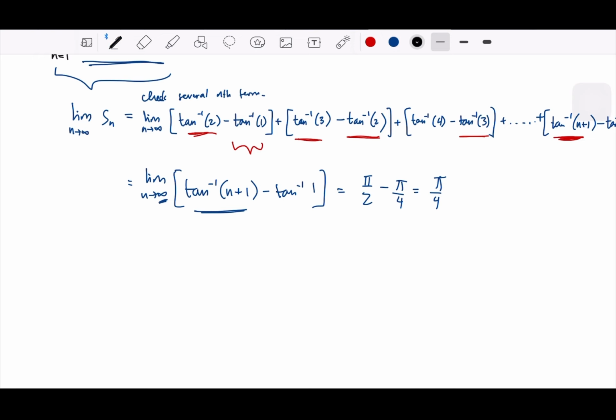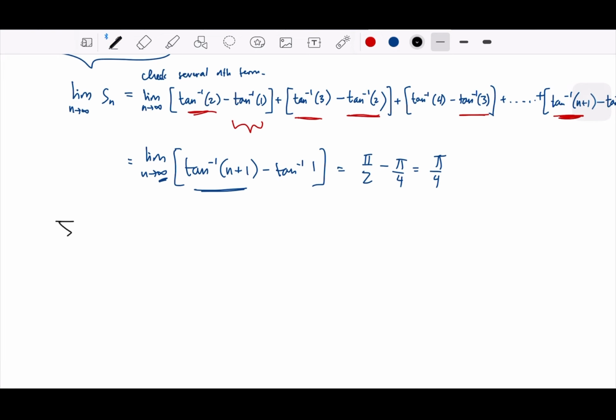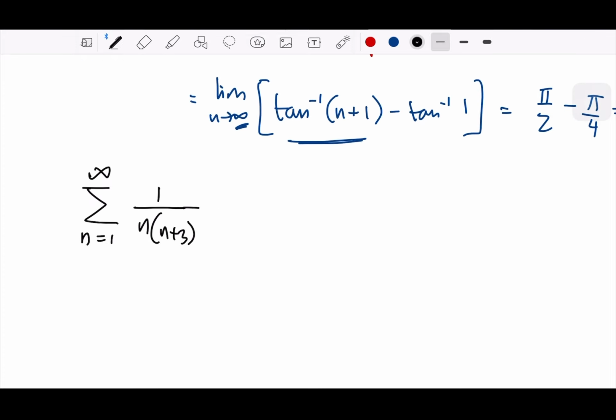Now another one that we can have. Let me give you a directly follow-up question. Okay, so you need to find the sum of the series. How are we going to solve this?